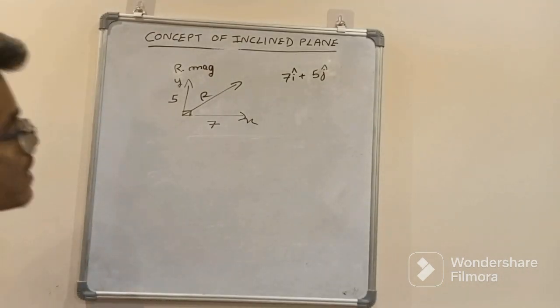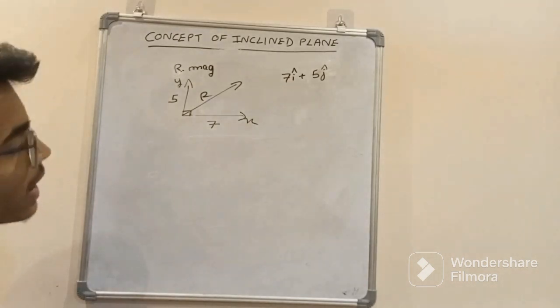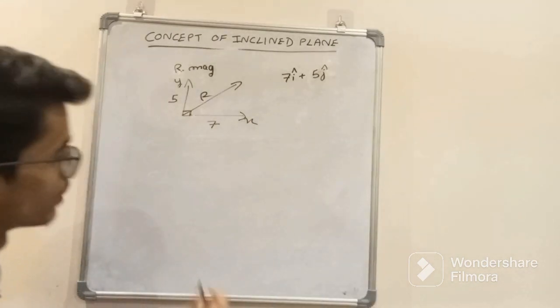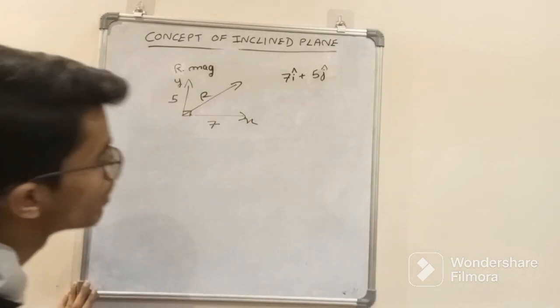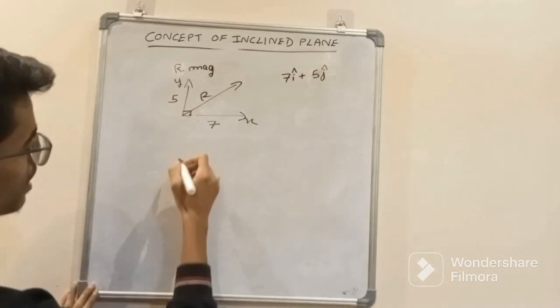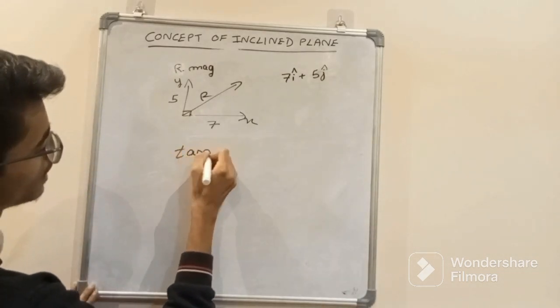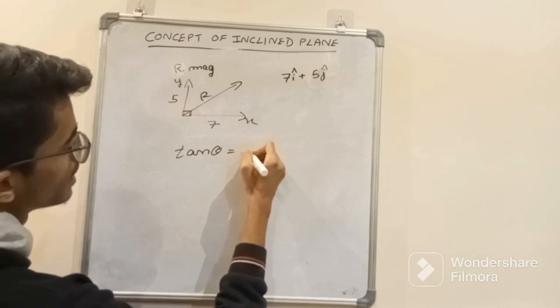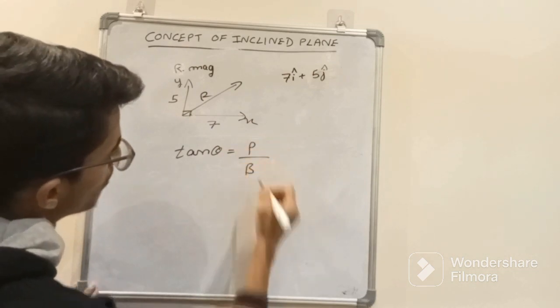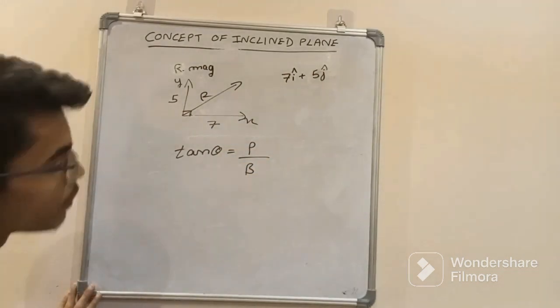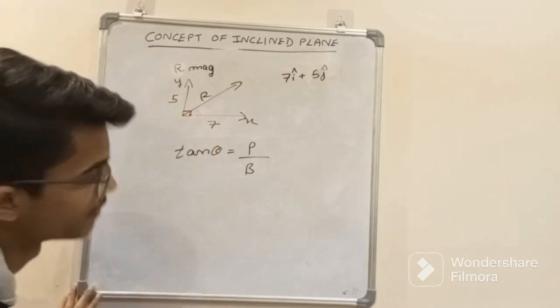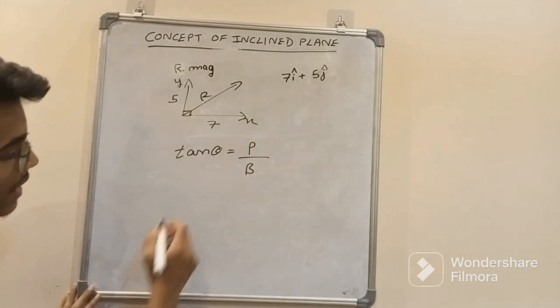पिछले वीडियोस में हमने डिस्कस किया था डायरेक्शन निकालने के लिए हम हमेशा tan का कंपोनेंट यूज करेंगे. हमने वो शो भी किया था कि क्यों हम tan यूज करेंगे. सो tan थीटा is perpendicular upon base. अब हमारा perpendicular क्या है? That is 5 and the base 7.